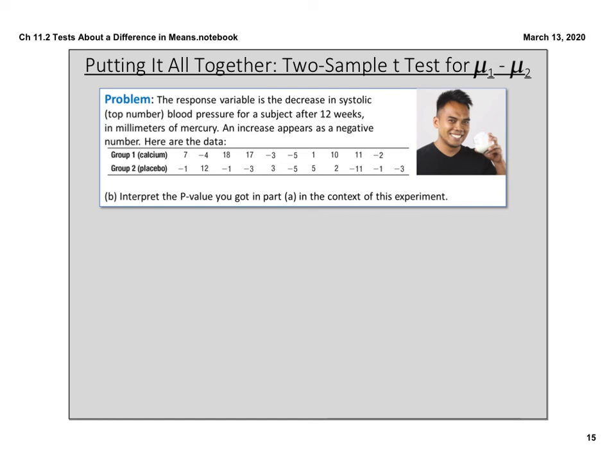So in part B, I would say something along the lines of, you always start with assuming mu c minus mu p is equal to 0.